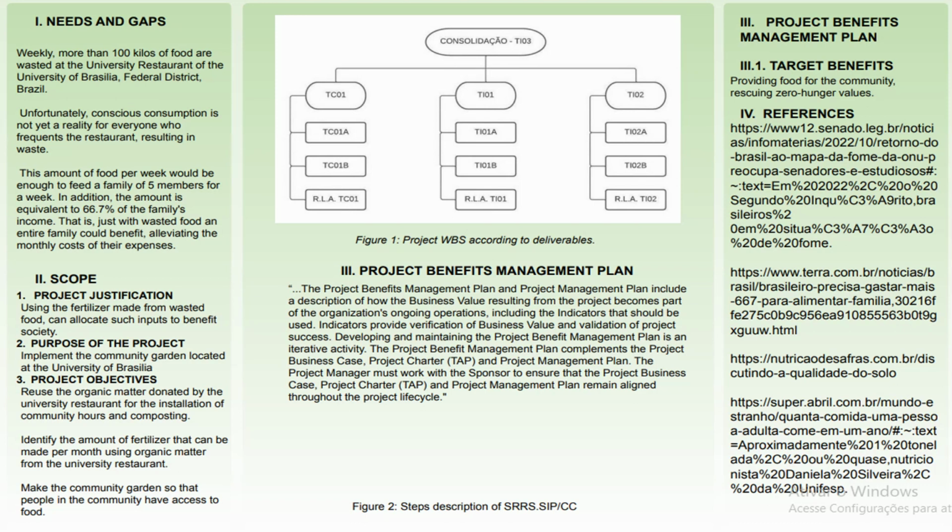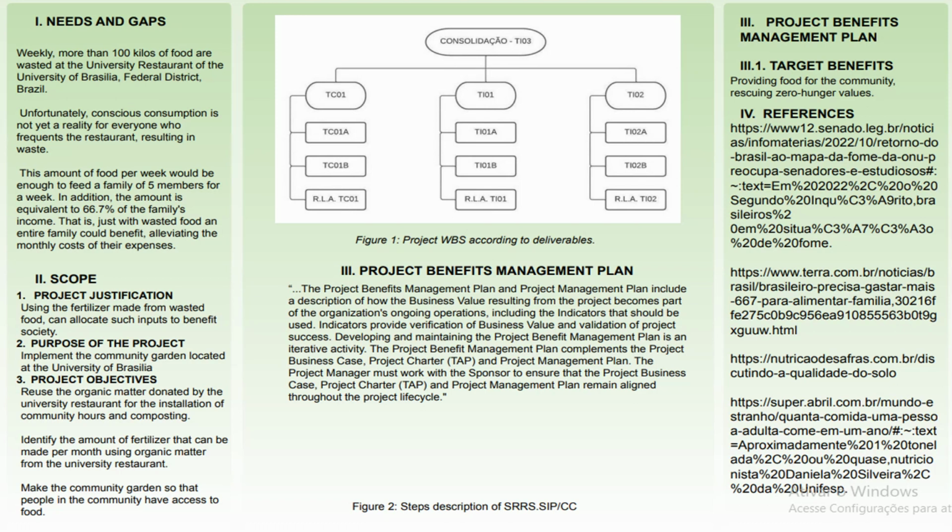And the first and main reason that we're making this project is the focus of our project is to develop a community garden in the University of Brasilia, that its restaurant has more than 100 kilos of food wasted every week. So we think this is a problem that we can find a solution and contribute to the community with a viable and functional solution.